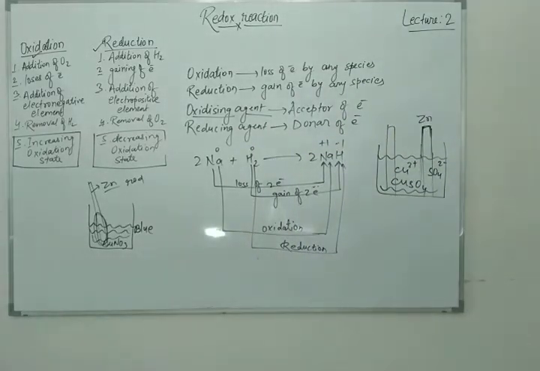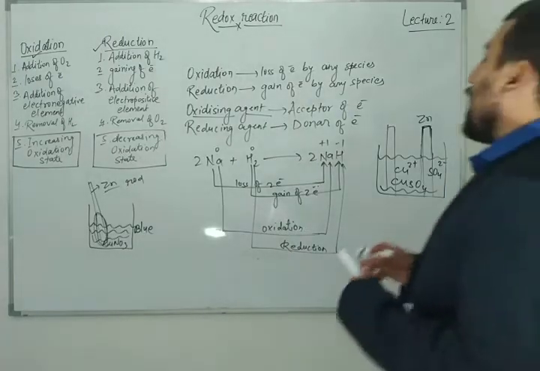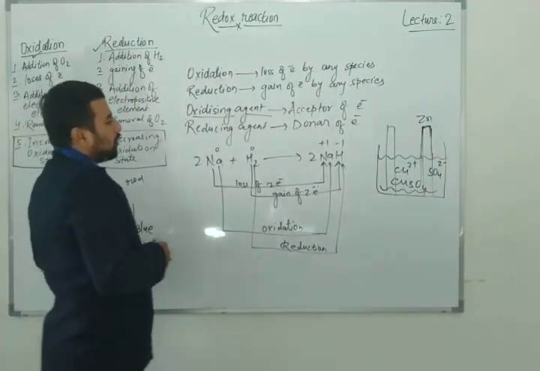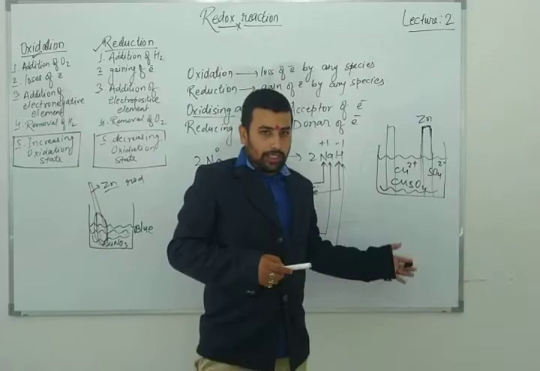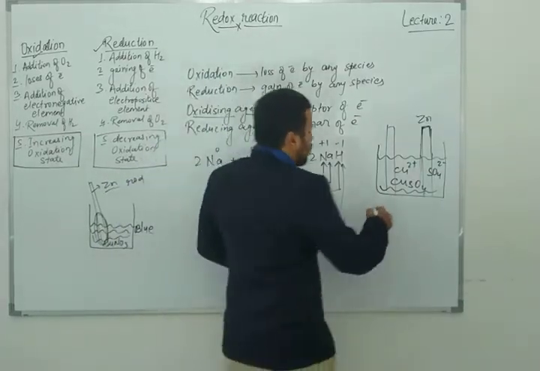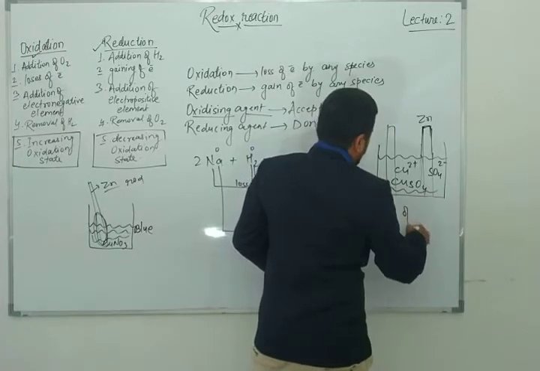Yes, the zinc rod will be converted into zinc sulfate. Or if you understand one more thing, if any solutions are there, how they are being converted. So dear student, the solution is not going to evaporate. The solution is going to remain the same. But there will be loss of electrons and gain of electrons.